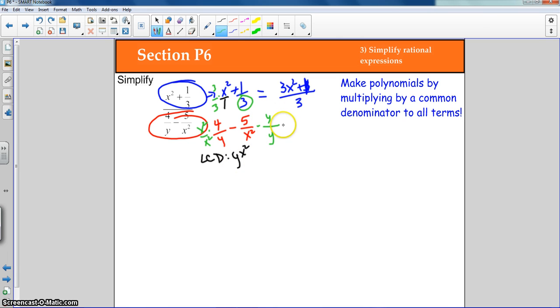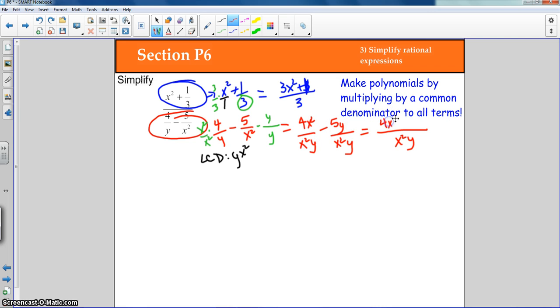Okay, so when I go through and do this, what do I get as a result? I get 4x squared over x squared y minus 5y over x squared y. And now I write this all over one denominator, x squared y, and the numerator is just these two put together.